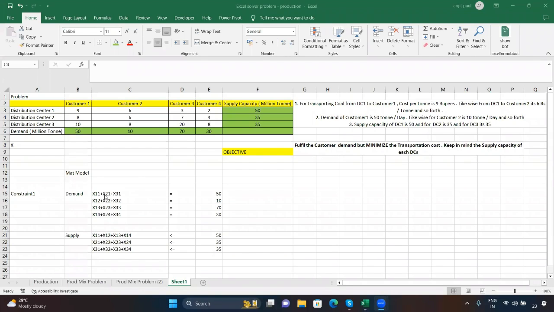So we have formulated the mathematical model for both the constraints as of now. One is the demand constraint and the second one is the supply constraint. Okay. Now what is our objective here? Objective is to minimize the cost.